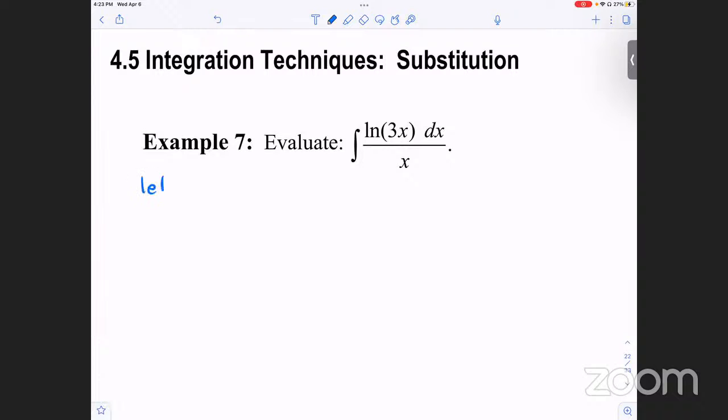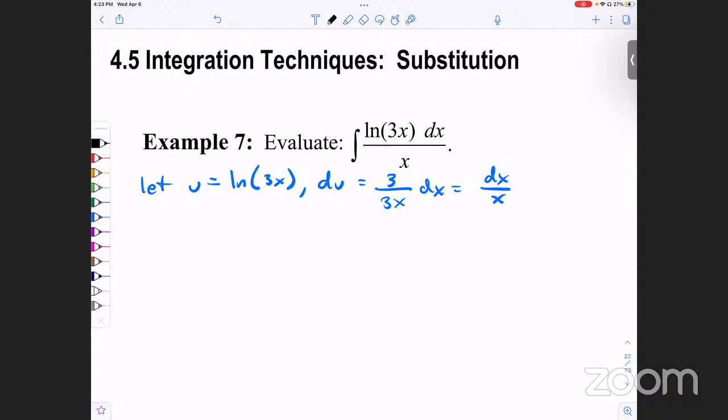So again, we're going to let u be the natural log of 3x. du, so the derivative of natural log is du by u. So that's going to be 3 over 3x dx, which simplifies down to dx over x. Dx over x, you got your u. So now we can substitute properly. You know what? I think I did the substitution wrong. But anyway, let's keep going.